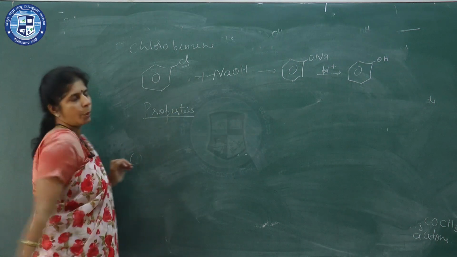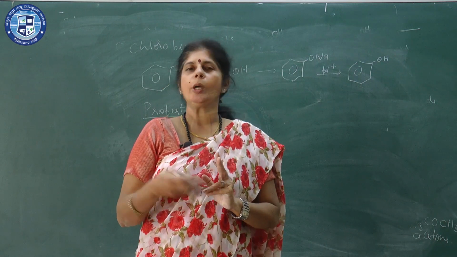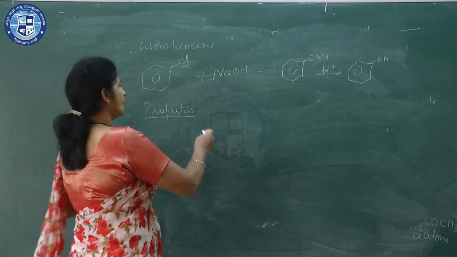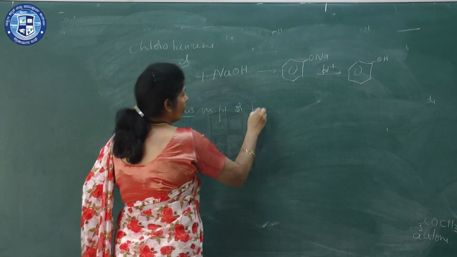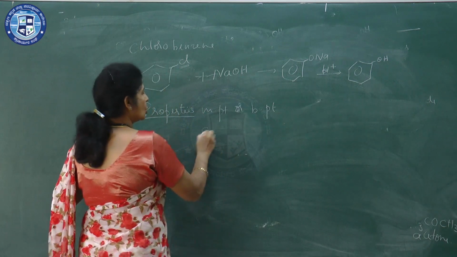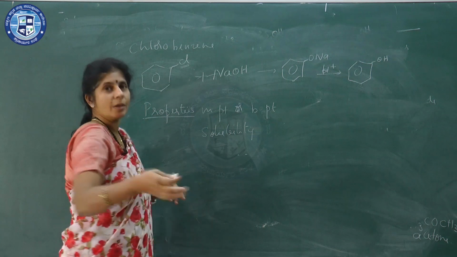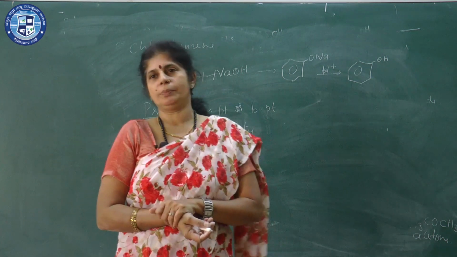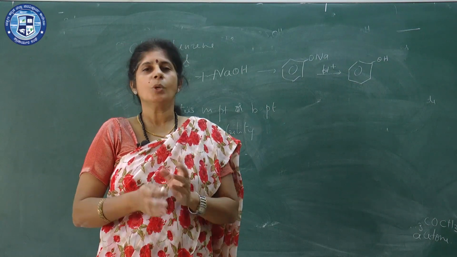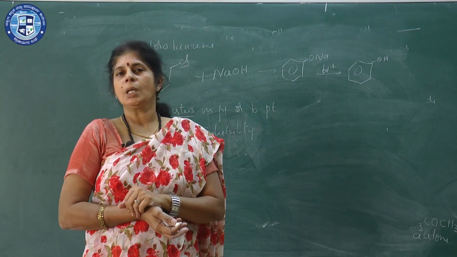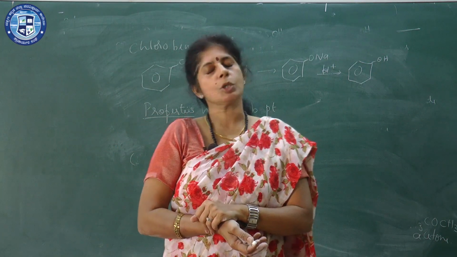In physical properties, we come across the boiling point, melting point if it is a solid, if it is a liquid we go for boiling point, and then solubility, soluble in water or not, and if soluble, the reason why it is soluble, etc. Most of the aromatic compounds are liquids. Then a bit higher ones are solids.